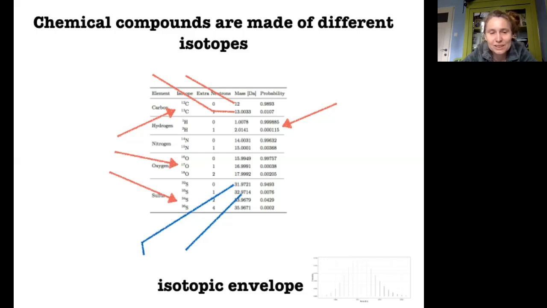And the reason for that is the existence of stable isotopes in nature. For example, all proteins are composed of only 5 elements: carbon, hydrogen, nitrogen, oxygen, and sulfur, but there are several stable isotopes for each element, like deuterium for hydrogen and carbon C13 for carbon.